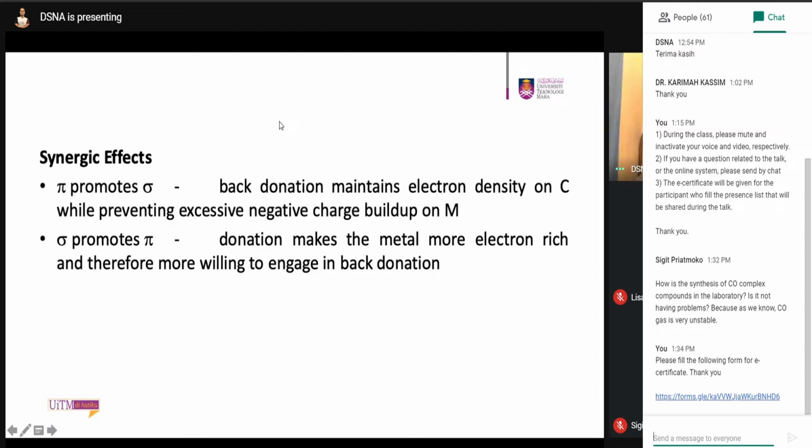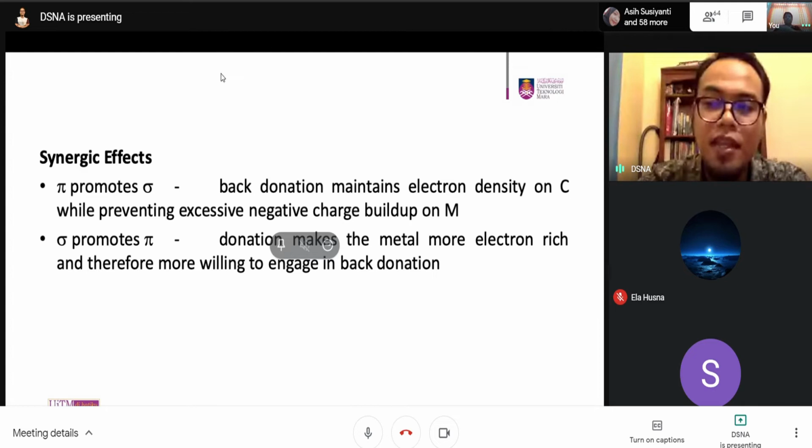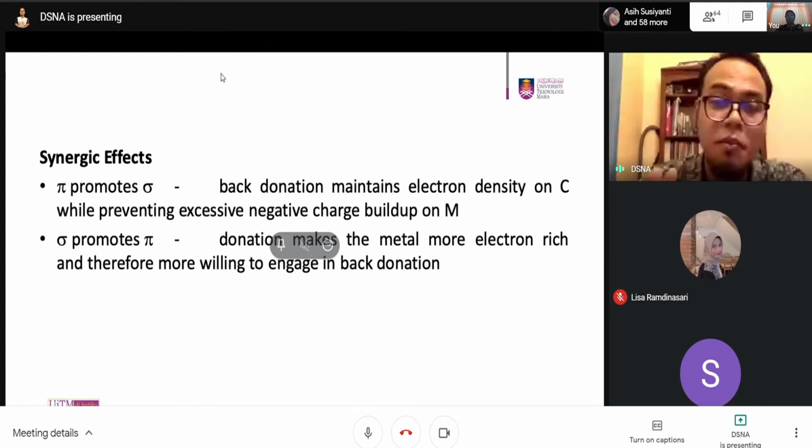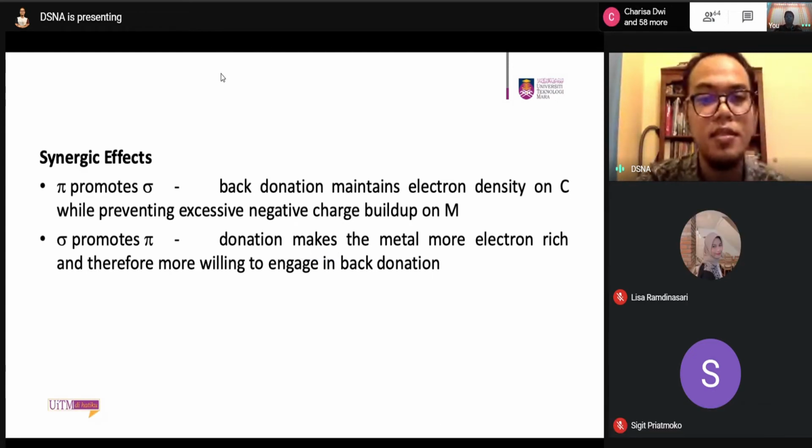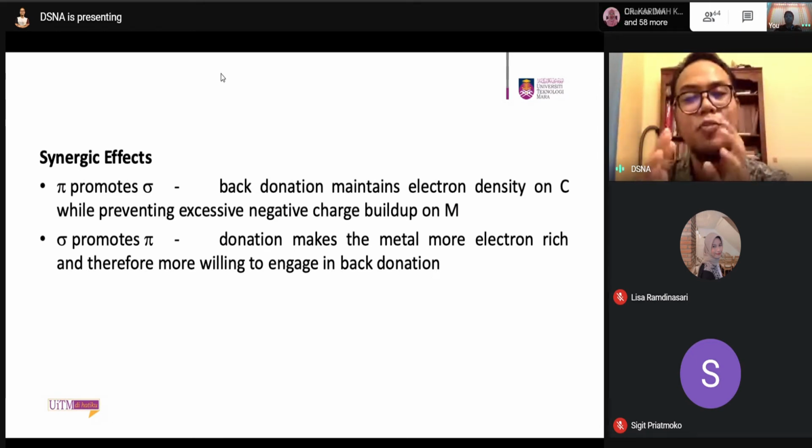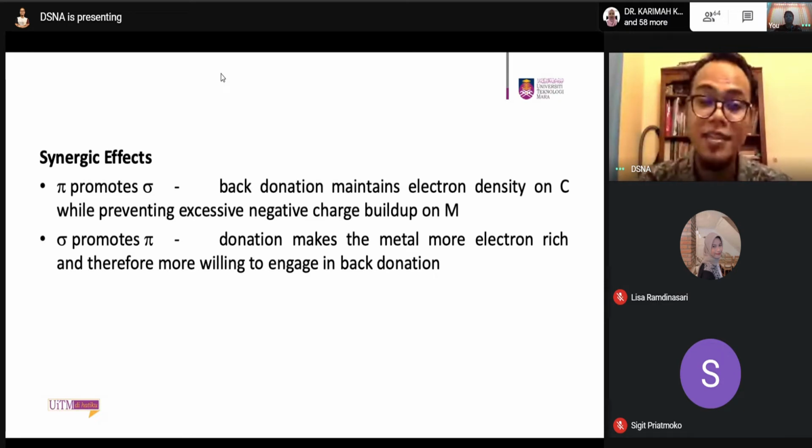Again, you will be hearing me talking about the same thing, but this is the fundamental part of the lecture. We're going to talk about pi back donation and sigma donation again and again, repeatedly, because this is what it is all about. We call these synergic effects because it is important for the electrons to be donated from ligand to the metal, as much as it is important for the metal to donate the electrons back to the ligand.